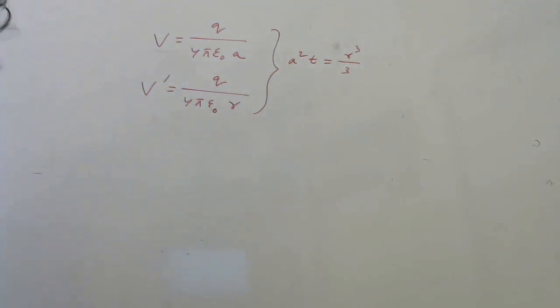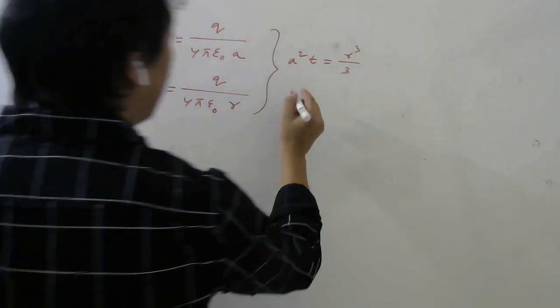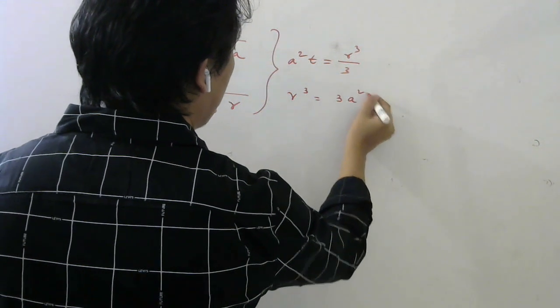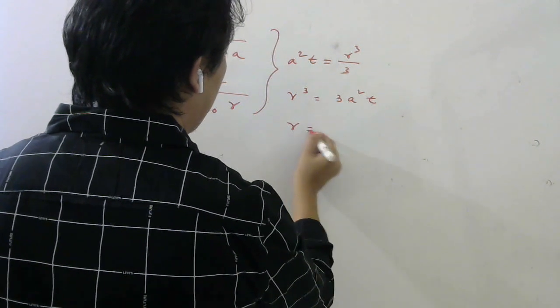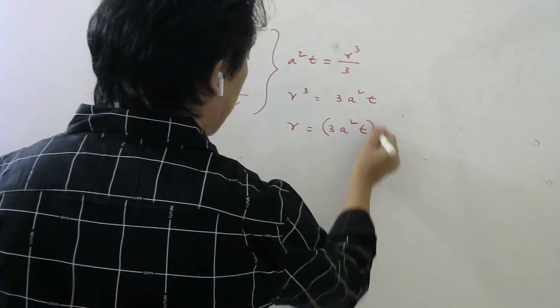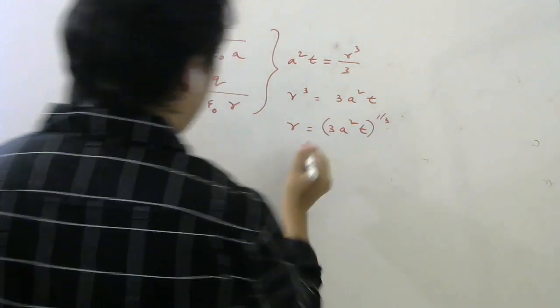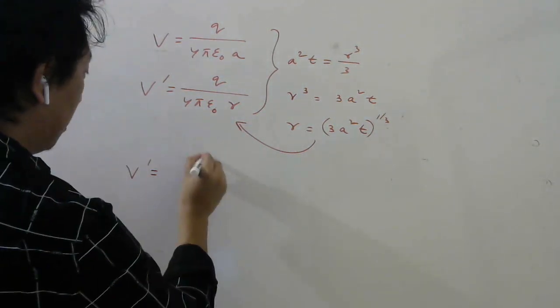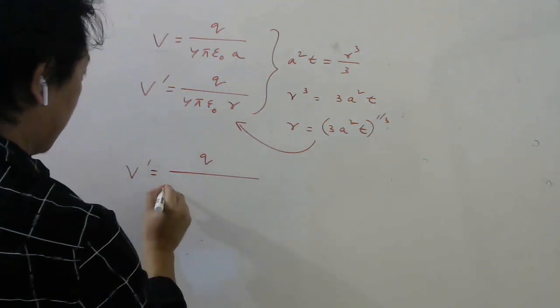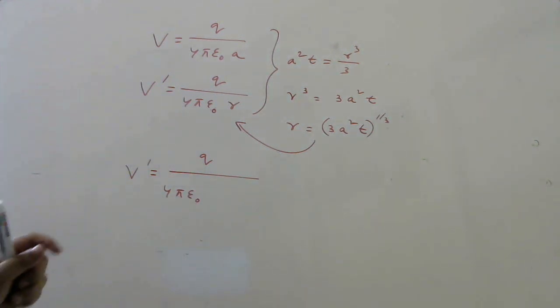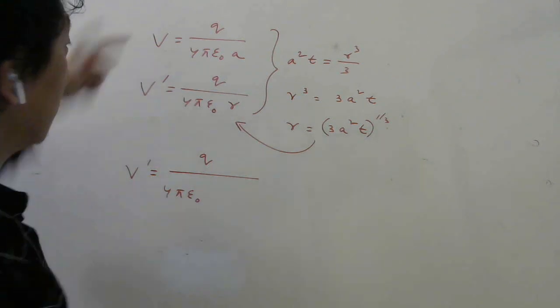Right, students? So what will be R from here? R cube will be 3a square T, so R will be (3a square T) power 1 by 3. So put this R here. The potential of the drop will be Q by 4 pi epsilon naught, but again, students, we need to write in terms of this V also.